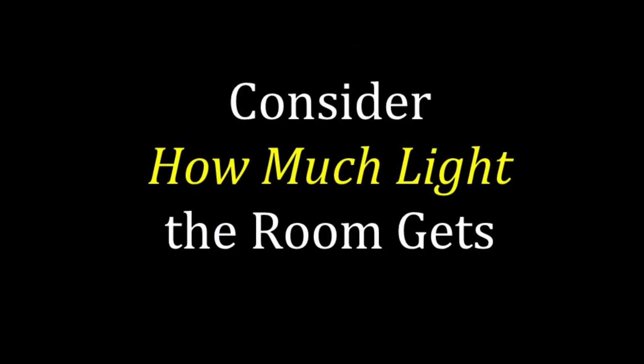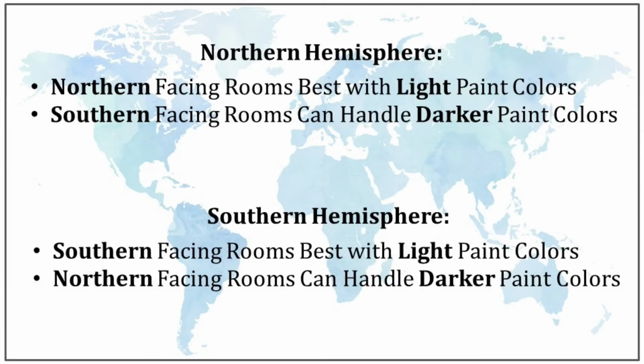Also, consider how much light the room gets. In general, northern-facing rooms, which generally get less light, do best with a lighter paint color, unless there are a ton of windows and/or you live further south on the equator. And southern-facing rooms, which generally get more light, can definitely handle darker hues.